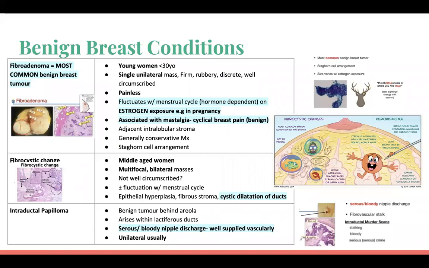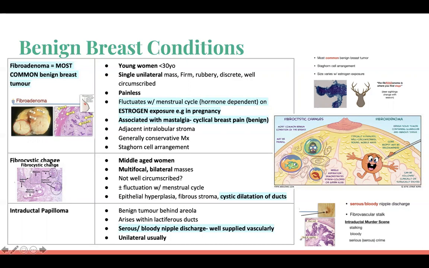The next condition is fibroadenoma, which is the most common benign breast tumor. It tends to fluctuate with the menstrual cycle. For example, in pregnancy it can increase in size, and it can also present as cyclical breast pain that comes in sync with the menstrual cycle.